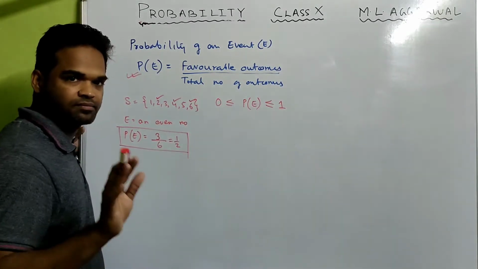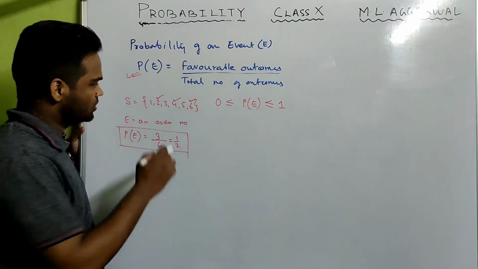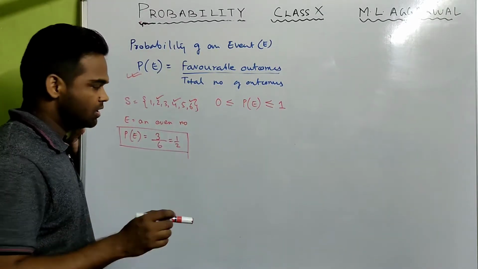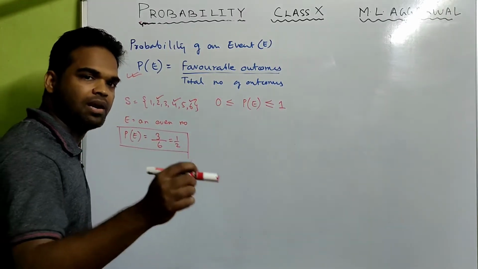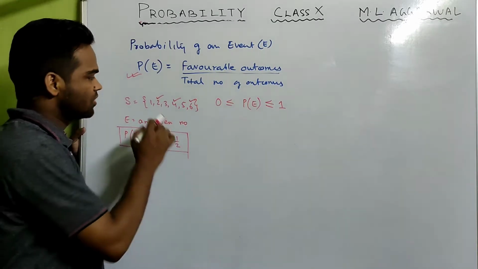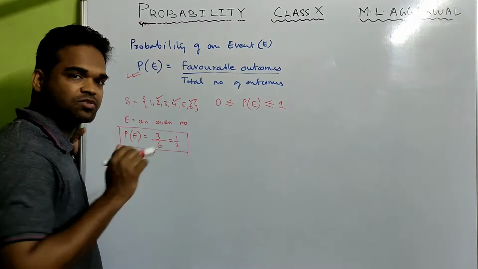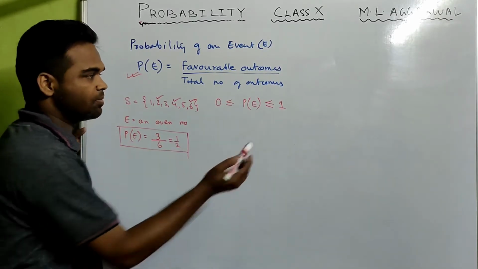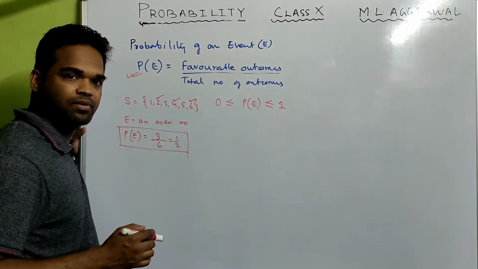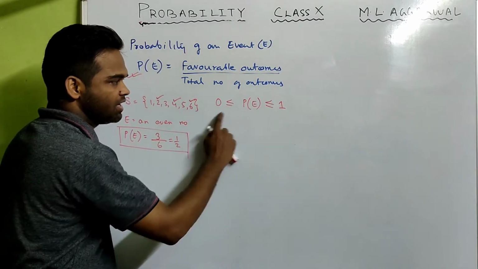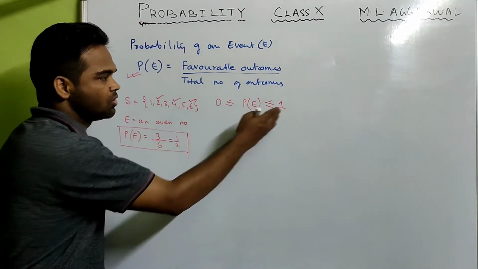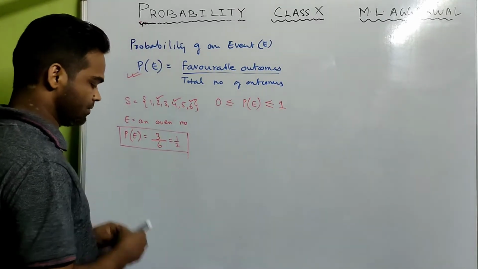Probability 1: if I throw a die and the event is a number less than 7, there will be 6 favorable outcomes and total outcomes is 6. So 6 by 6 will be 1, which is the probability in that case. And the value of probability of an event lies from 0 to 1, both included.